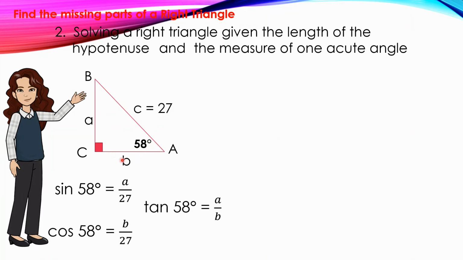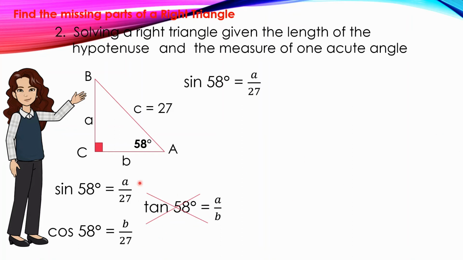And the third ratio is tangent 58, equal to A over B, because it is opposite over adjacent. For sine 58 and cosine 58, we have two data each. Tangent 58 degrees is equal to A over B, and we cannot use this because there is only one given.